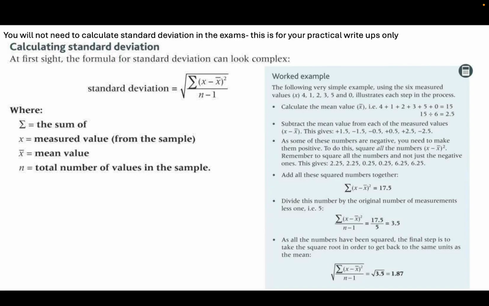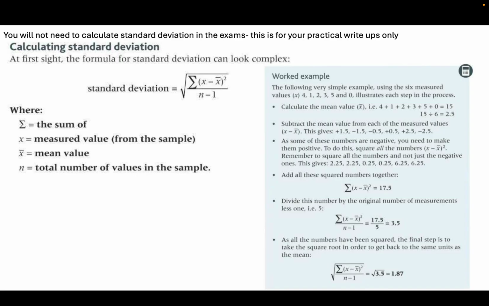And you'd get 1.5, minus 1.5, minus a half, plus 2.5 and minus 2.5. And then you would square them so that all of these numbers are positive, because you can't have a negative square root, or the result of square rooting a negative number leads to an imaginary result, and you can't have an imaginary standard deviation.